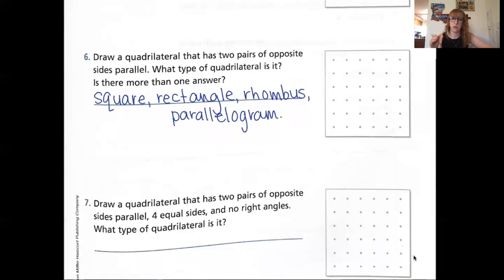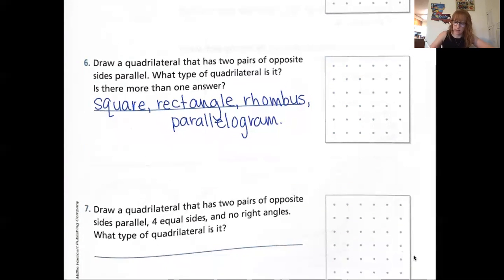Just make sure that you have those four options, because those are all options that we could have for number 6. Then you can draw whichever one of those you'd like, and just make sure you label it at the top so you can remember which one you drew.